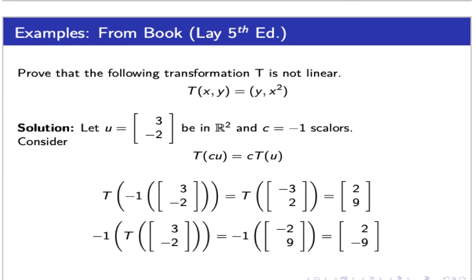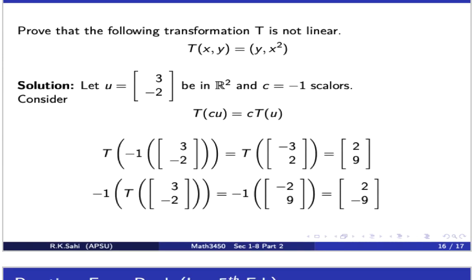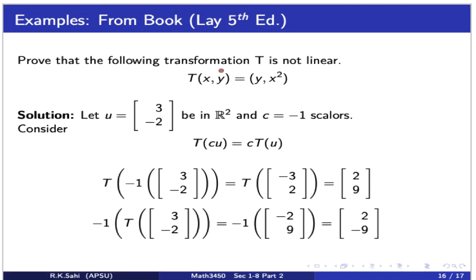Okay guys, so let's look at that. Prove that this following transformation is not linear. I just chose the easy one. I just went for the scalar multiplication. I said let's take a vector u, (3, minus 2) in R squared, and c equals minus 1 is a scalar.